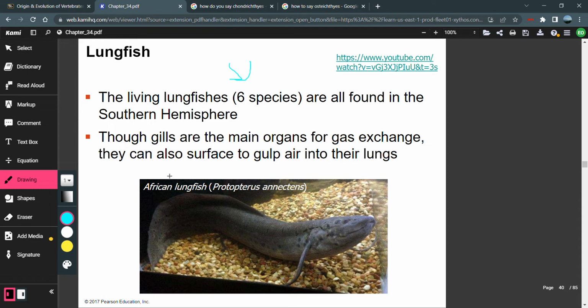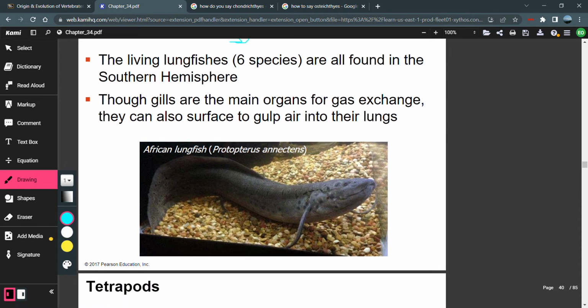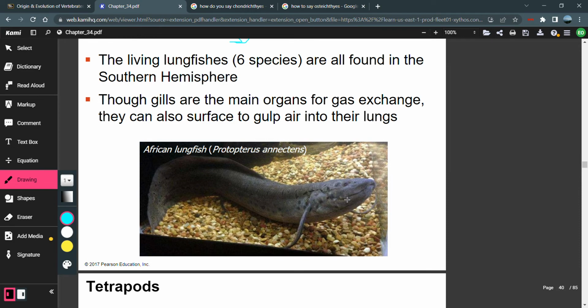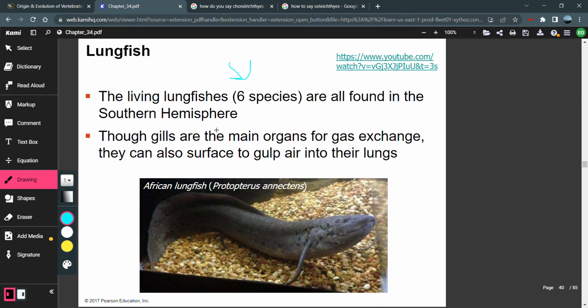But the main organs of gas exchange are gills, so they have gills and lungs, and they will encase themselves in mucus. They'll bury themselves into the mud to prevent desiccating and drying up, and they'll continue breathing until the rainy season or the monsoon season comes, where it fills up the pond again, so they can breathe through their main organs, which is the gills.